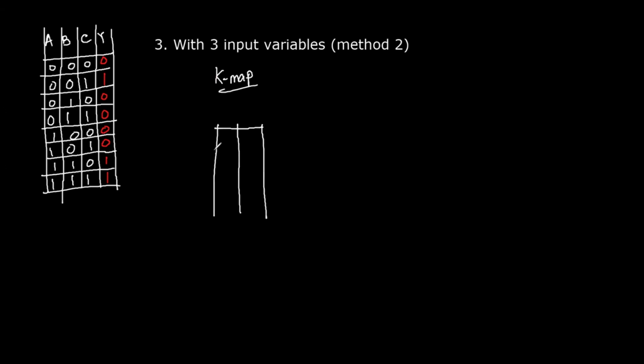Let me show you. In this case, I'm having A over here, our columns, and we have B and C combination over here. But just to let you know, we can also do it having A, B together over here with C separately.